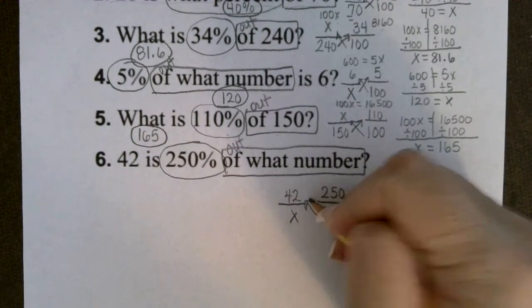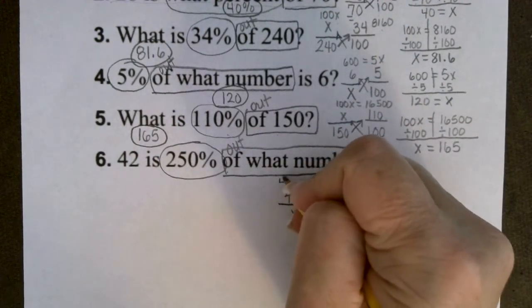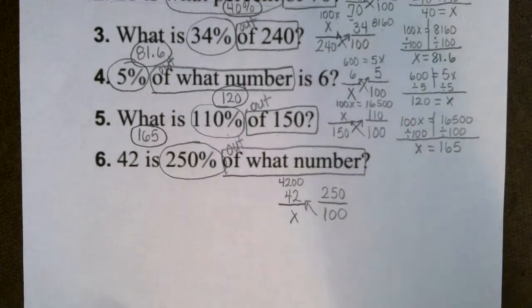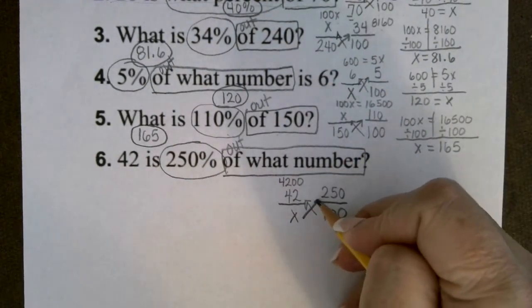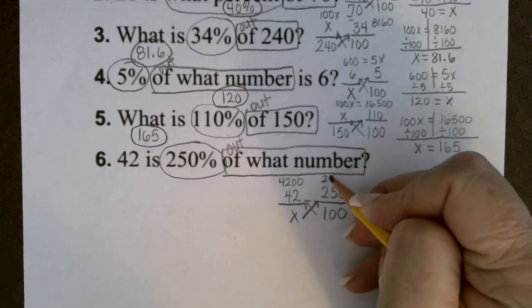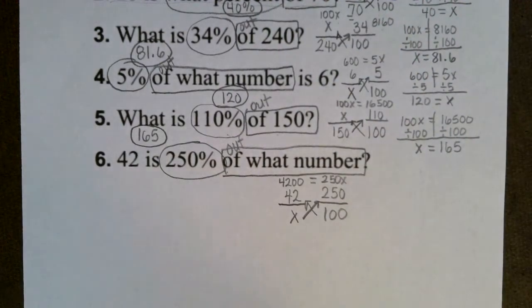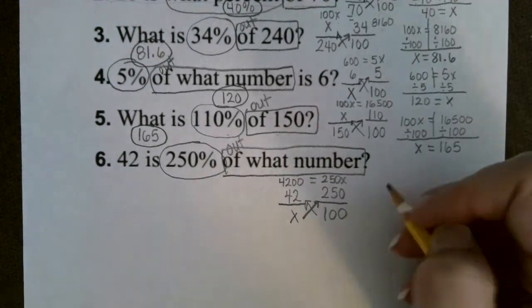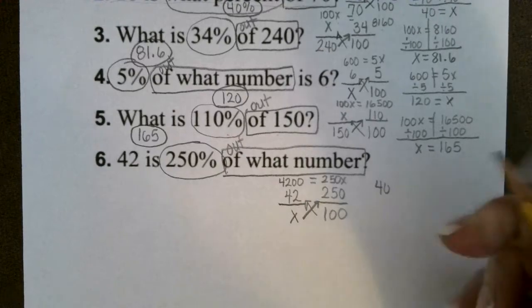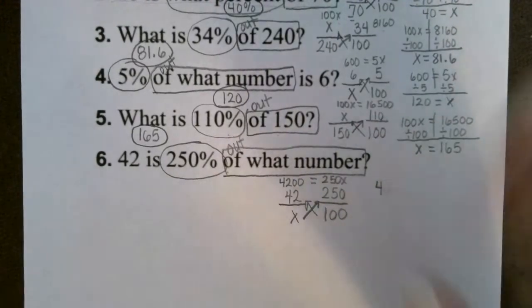I cross multiply. 42 times 100 is 4,200. 250 times x is 250x. Those two things have to be equal. So I've got 4,200.